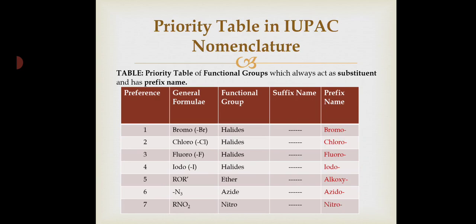Now the preferential order is like this. Among the halides, bromo gets the first preference, then chloro, then fluoro, then iodo, then ether, then azide, and then nitro.